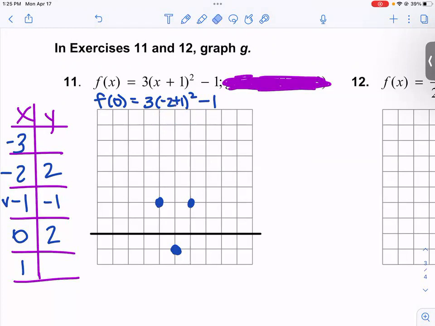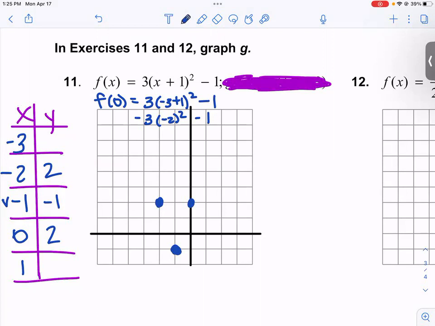Okay, let's plug in -3. What's -3 plus 1? So if I have -2 squared times 3 minus 1.